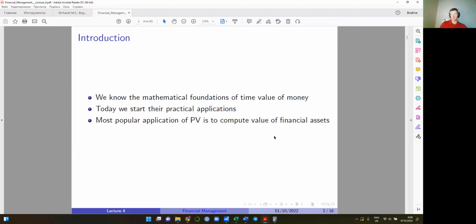One of the most popular applications of the present value concept is to compute the value of financial assets: bonds, stocks, some other assets. So in this lecture, we start with the bond valuation.